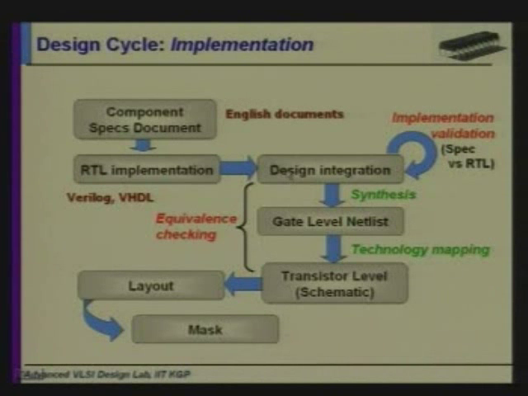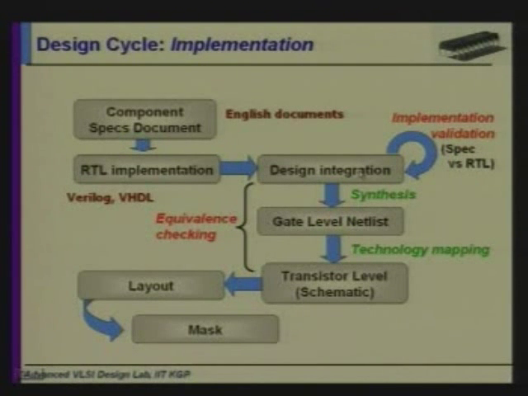What is equivalence checking? It is basically we create some model of this integrated design and we create some model of this netlist and try to prove that these two are equivalent. The same thing is done here also. So overall the verification part comes in the first part, where we check that the specification is holding on the integrated design.